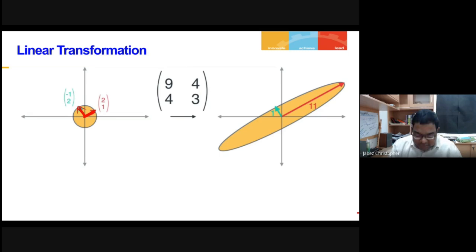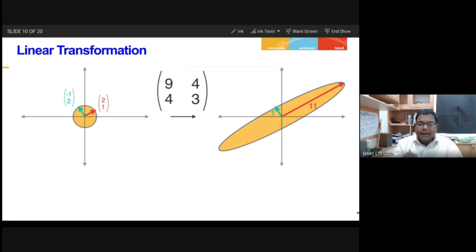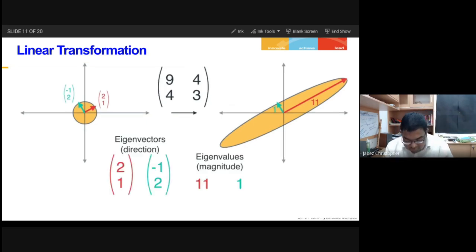So the first vector, this red vector on the left, is going to be stretched for 11 units, and this green vector is not going to be stretched. It's going to be kept as it is. That's how I get my eigenvectors.